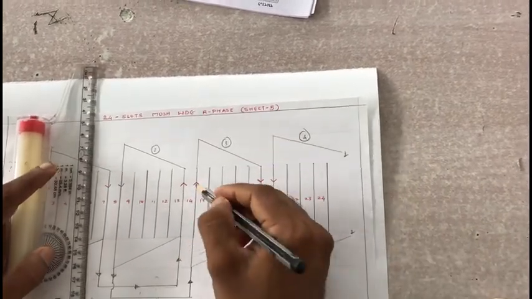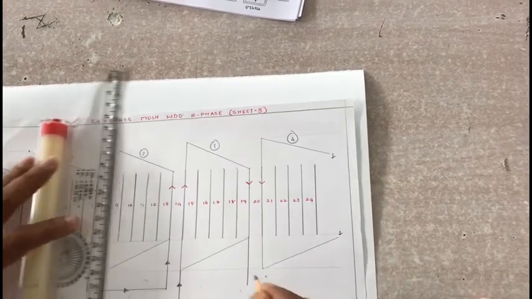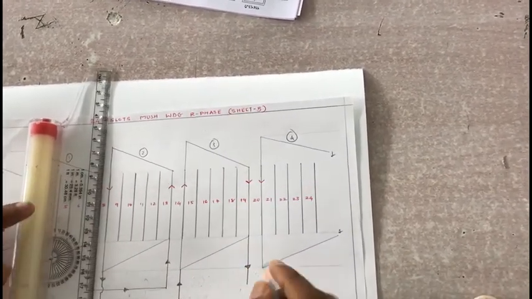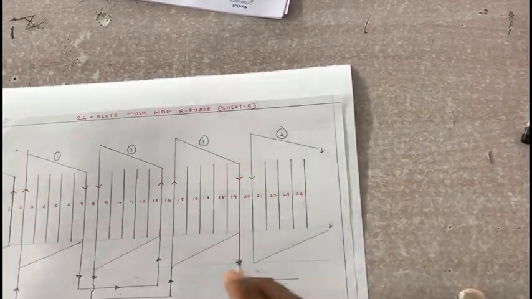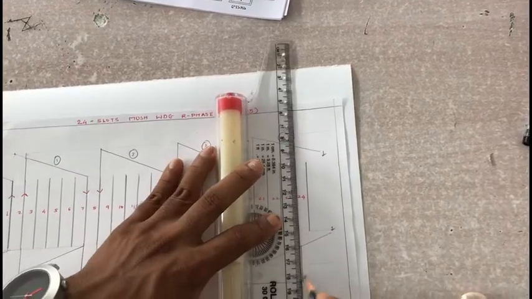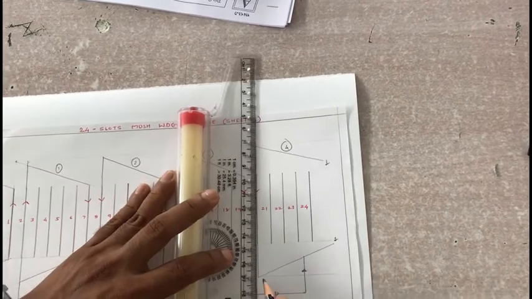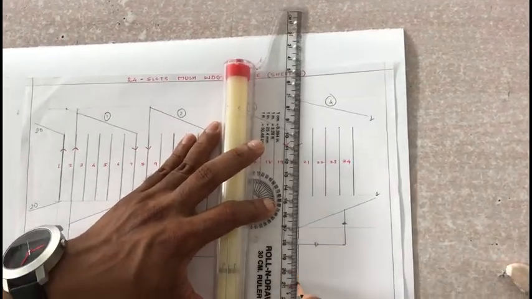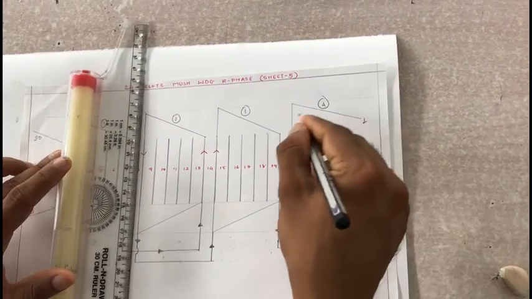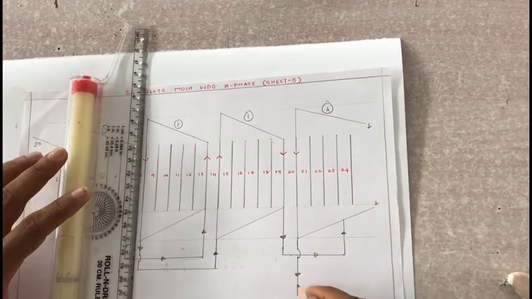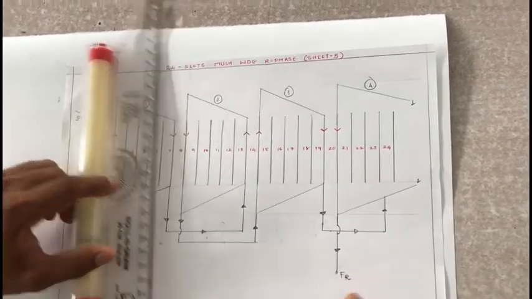Circulating like this, the current will go out from conductor number 19, and from 19 it will go to conductor number 1, but conductor number 1 is the starting, so we have to show it like this. Rotating from conductor number 1, the current will come here from conductor number 20. So this is our finishing of R.